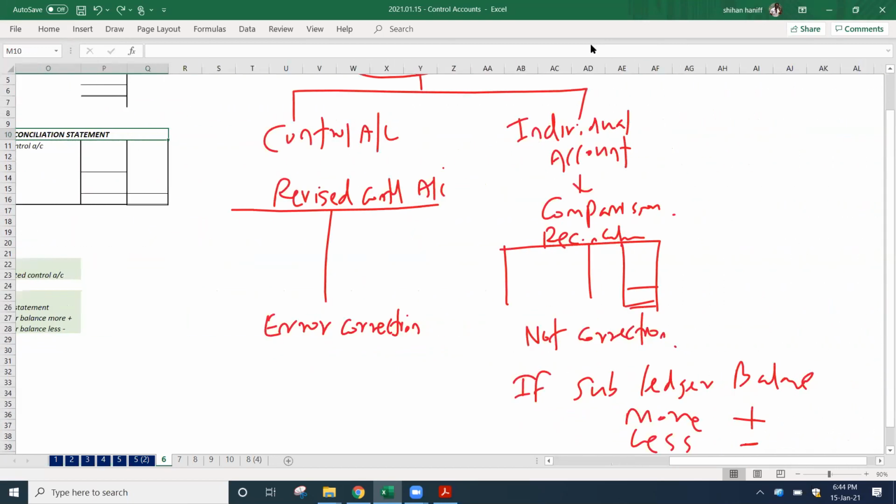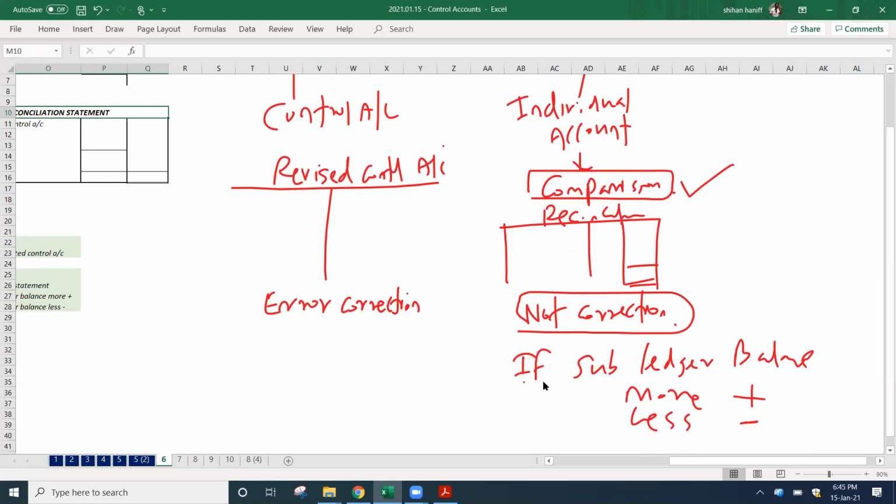And if it is from the individual account, we compare by preparing the reconciliation statement. So it's not correction, it is comparison. So how do you compare? If the subledger balance is more, it will be added. If the subledger balance is less, it will be deducted.